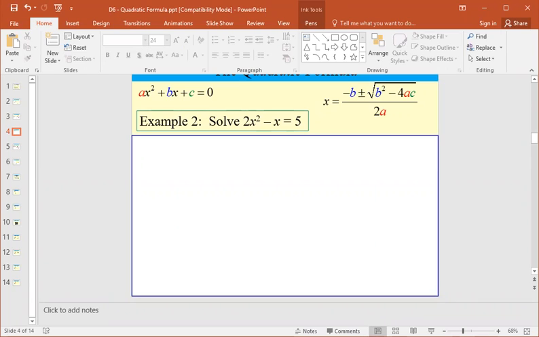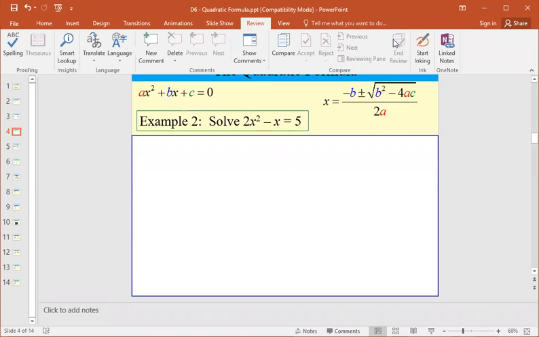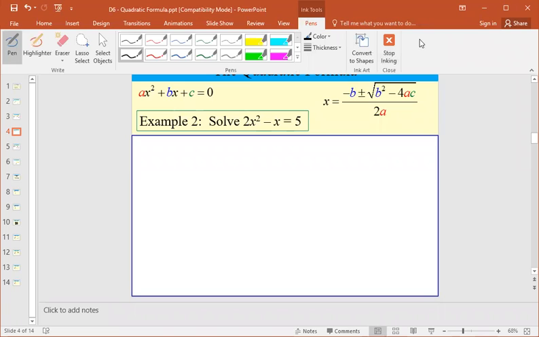Now we're going to work with an example where a is greater than 1. The same steps apply. It's just that our a value will now be a number different than 1. So we want to bring our 5 over to the left. So we have 2x squared minus x minus 5 is equal to 0. Our a is now 2, that's the leading coefficient.